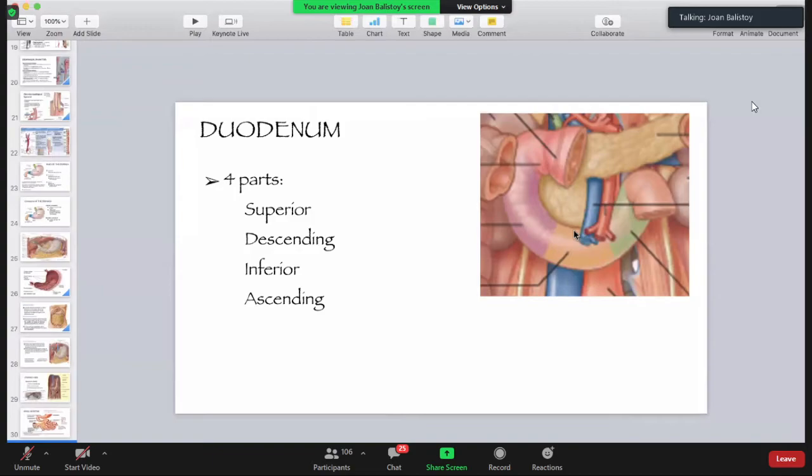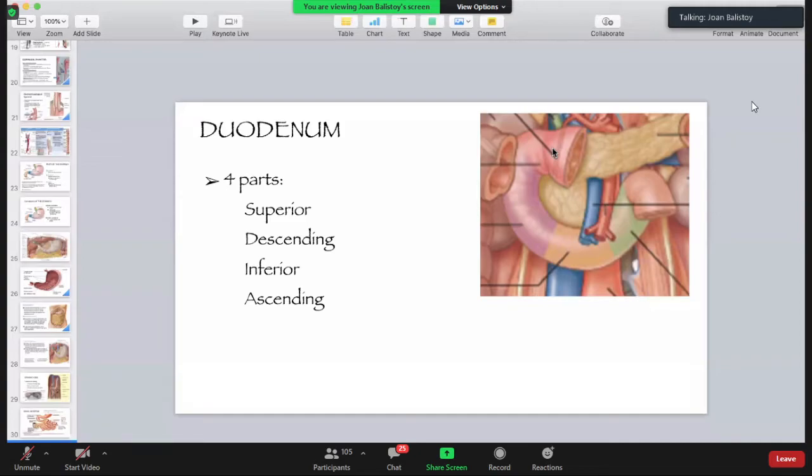It is comprised of four parts: superior, descending, inferior, and ascending part. The first part of the duodenum has the widest lumen. It is C-shaped. Okay? And you have your hepatoduodenal ligament connected to it.